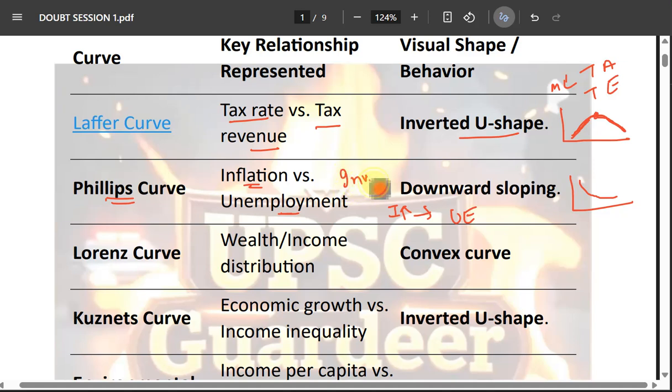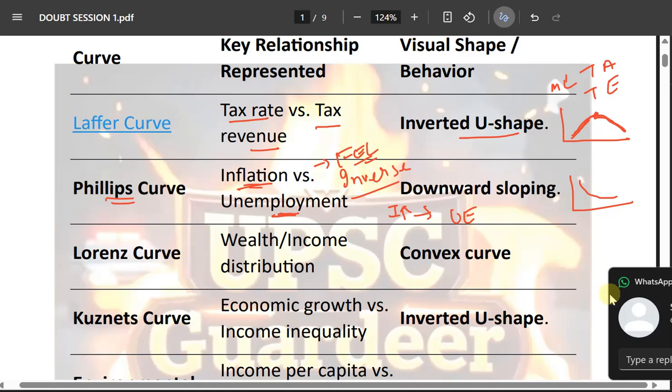Remember, an inverse relation between both. This is not true in every case, for example at the full employment level, and expectations will always be there. So what the Phillips curve said is that inflation is inversely proportional to unemployment.